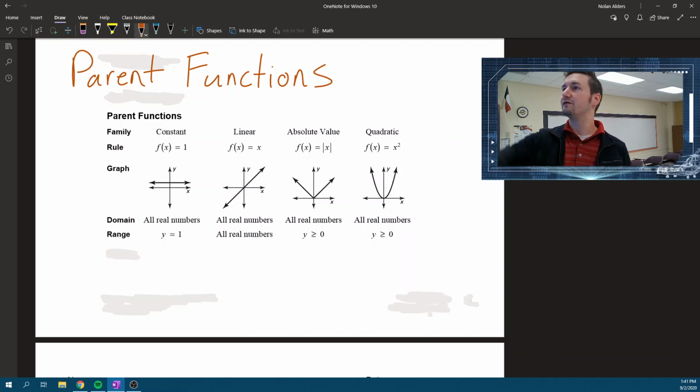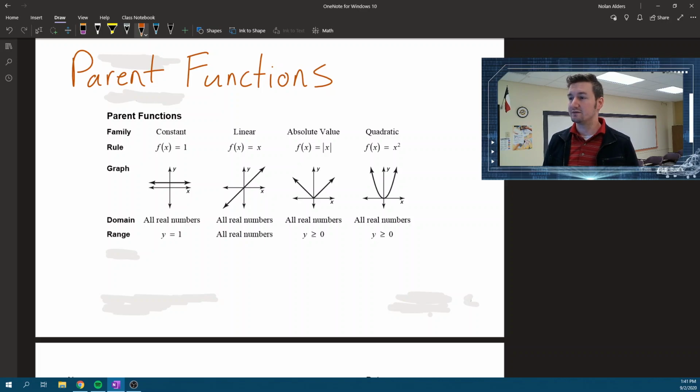So we have 4. We have our constant function, our linear function, our absolute value function, and our quadratic function. The next line tells us the rule for each, and you're really going to want to memorize these. But a rule is just an equation that represents a function.